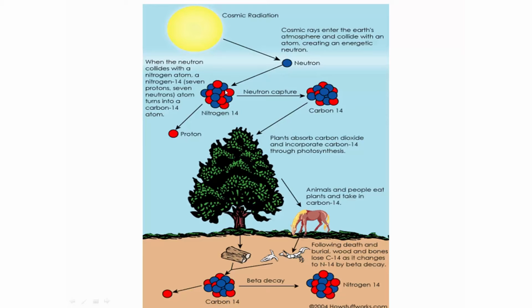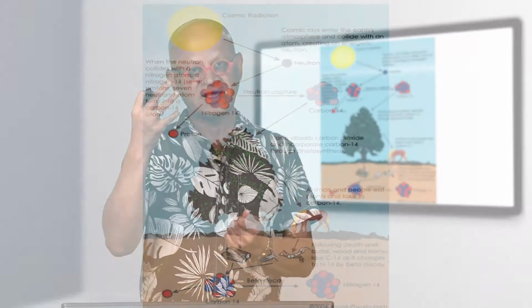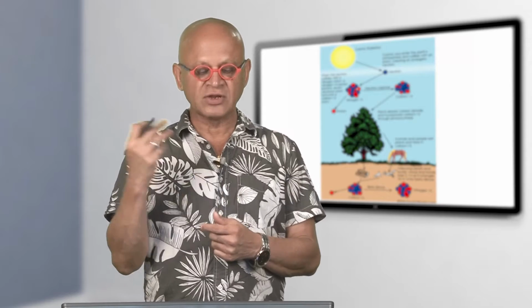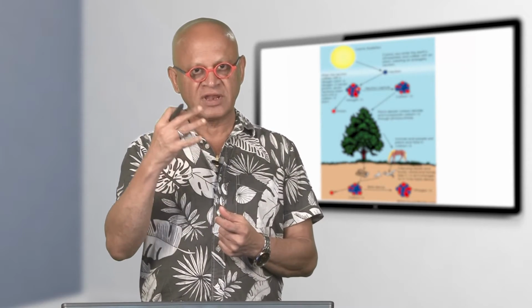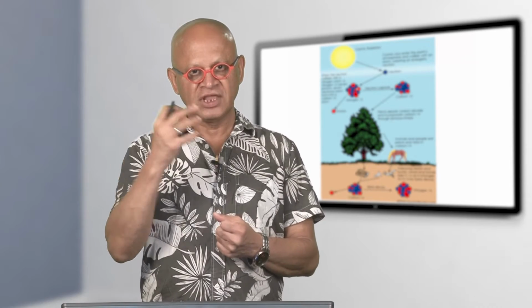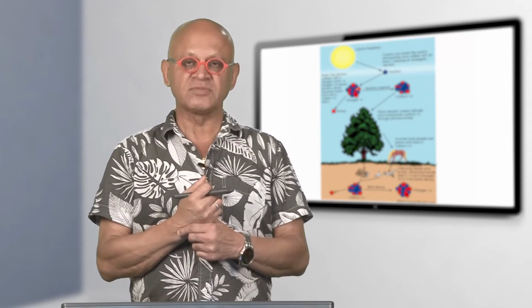So when you remove one proton from nitrogen, it goes from 7 to 6. So it's not nitrogen anymore, because it's a carbon. Carbon has 6 protons. So the nitrogen 14 has been converted to C14 by replacing one of the protons with a neutron because of this cosmic ray bombardment.